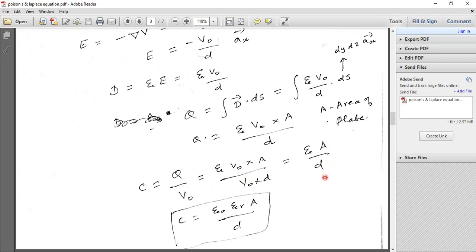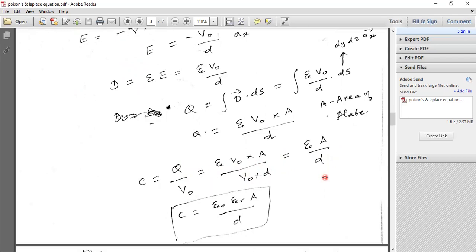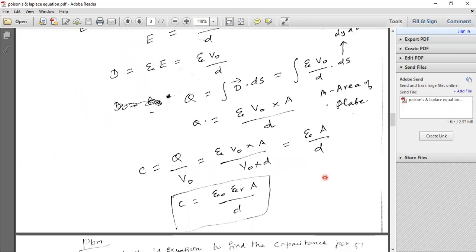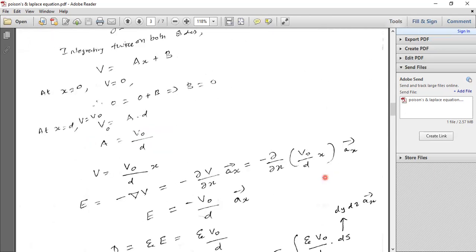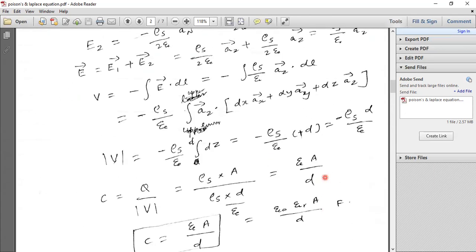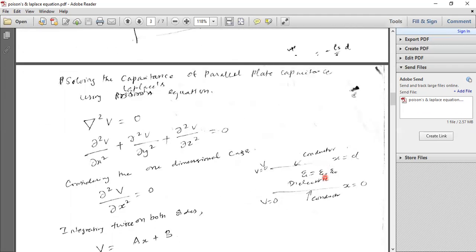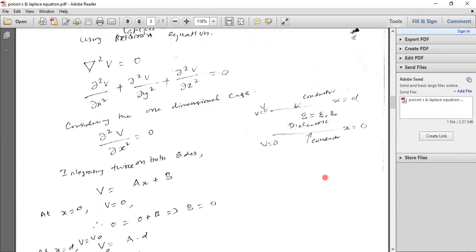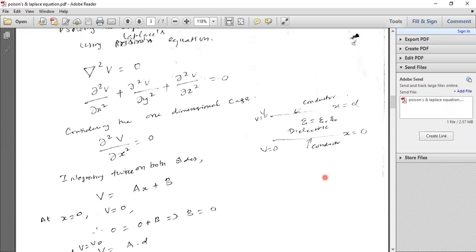So this is the Laplace equation method for getting the capacitance of a parallel plate capacitor, which is simpler than the normal method of solving capacitance. So this is the advantage of Laplace equation for solving the capacitance.